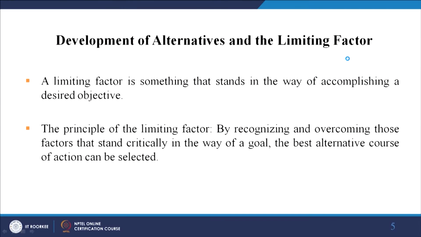Another important point in the decision making process is development of alternatives and the limiting factors. It is practically a very important point, because a limiting factor is something that stands in the way of accomplishing a desired objective. Yes, that is true.